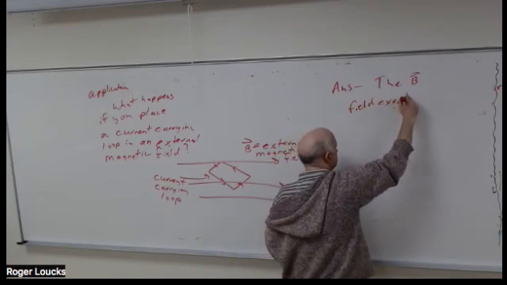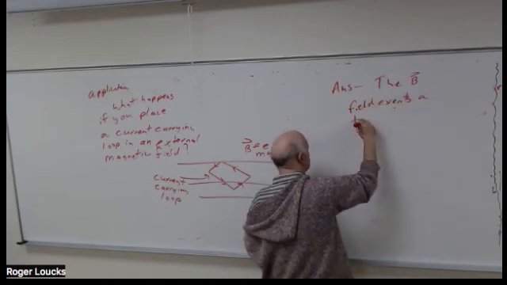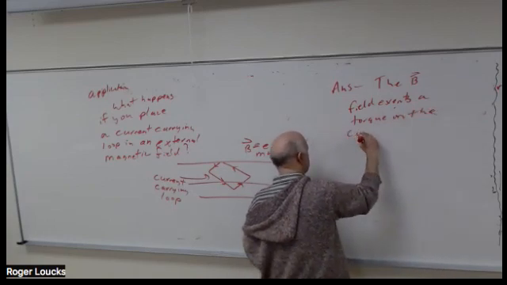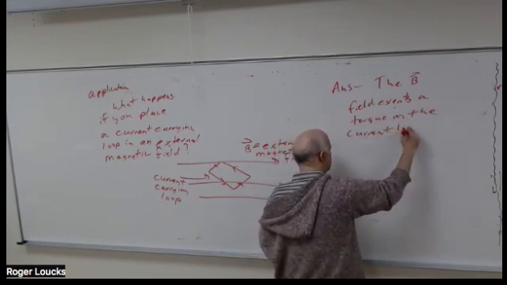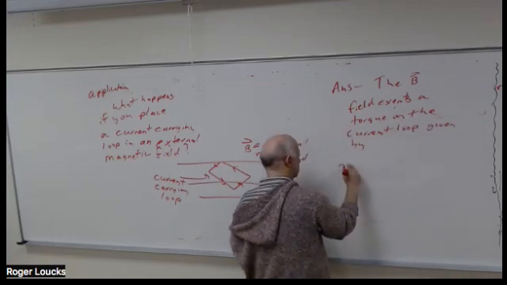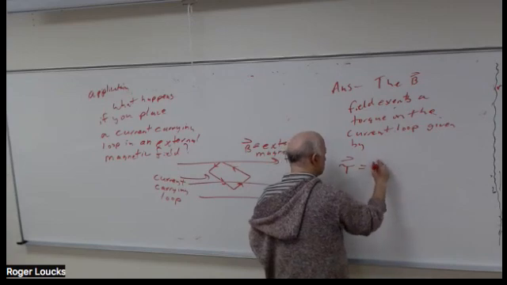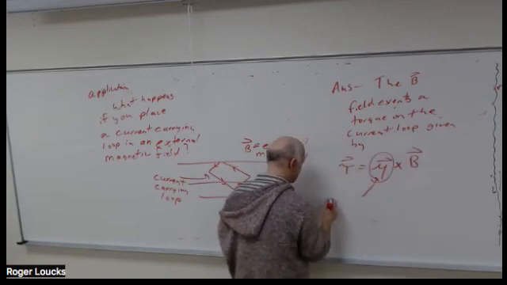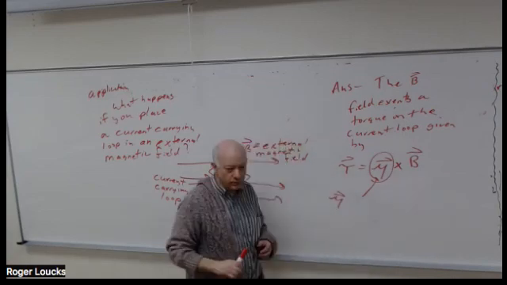Okay, so the answer is the B field exerts a torque on the current loop given by mu cross B. Now this mu here, what is that mu?